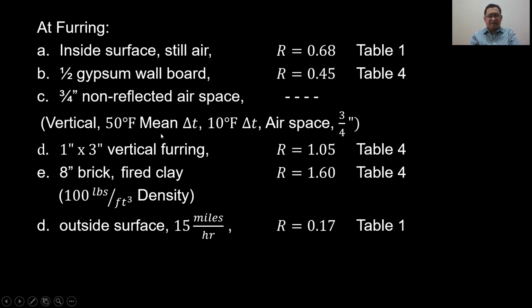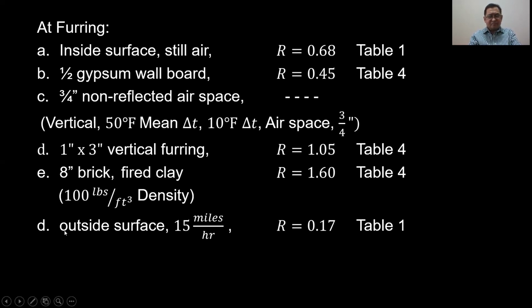It's a non-reflective airspace, and 1x3 vertical furring, 1.05 from table 4, and the 8-inch fired clay brick, and we have 1.6. Let us assume that it has a density of 100 pounds per cubic feet.